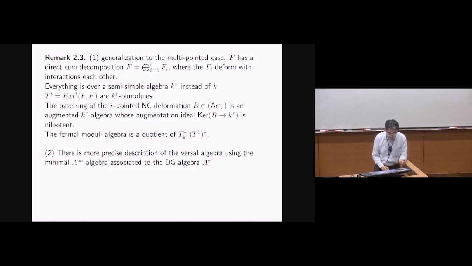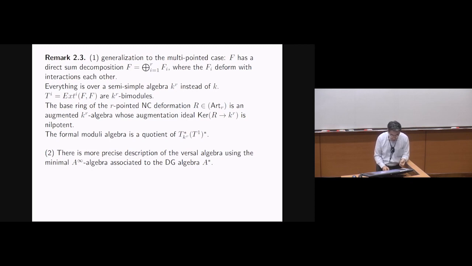So in this case, the formal moduli space is a quotient of the tensor algebra of the tangent space, but in this case, the tensor is over the base ring. So the base ring is a semi-simple ring. So this kind of extension is also very naturally done.